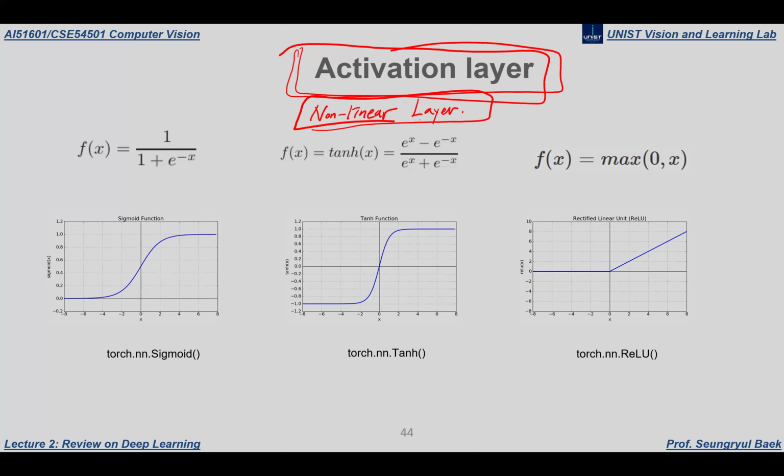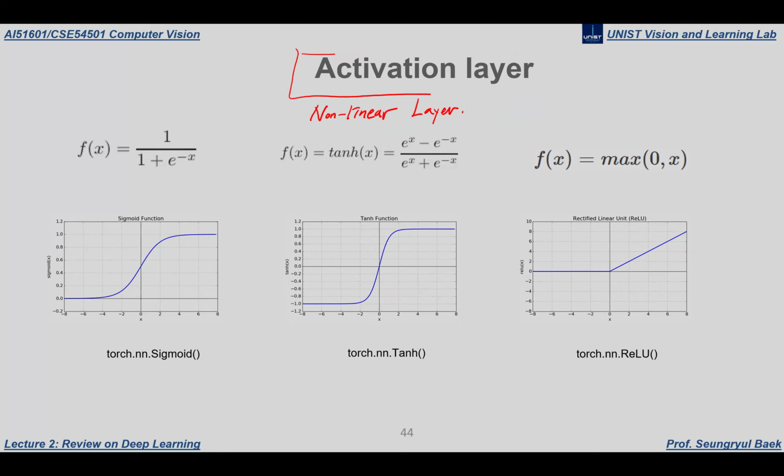I will show that if you do not use these non-linear layers inside the deep architecture, the entire deep architecture will become one huge linear operator. Okay, I will show that in the next class. But anyways, in this class, please be familiar with the detailed operation of that. So linear and nonlinear, I slightly told about that in the first class.